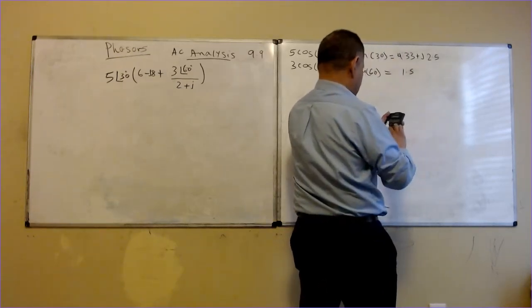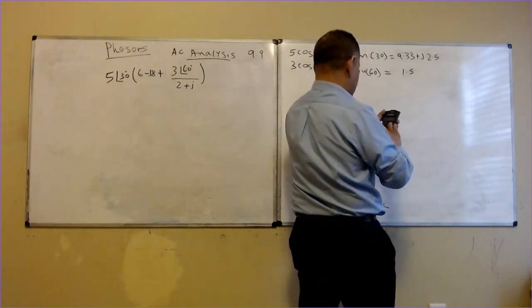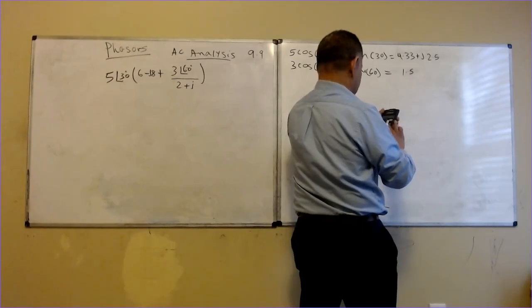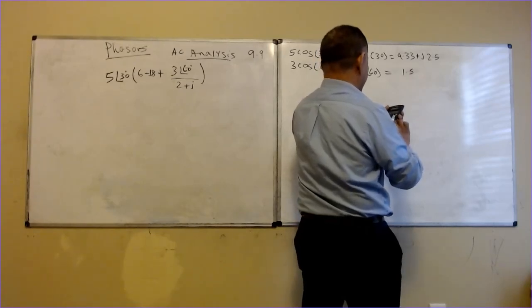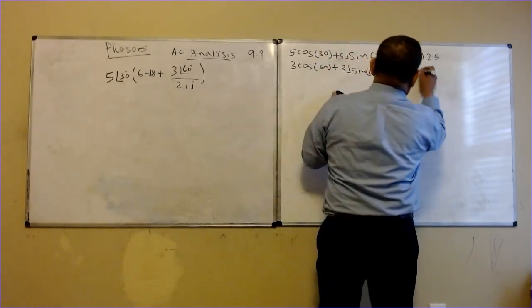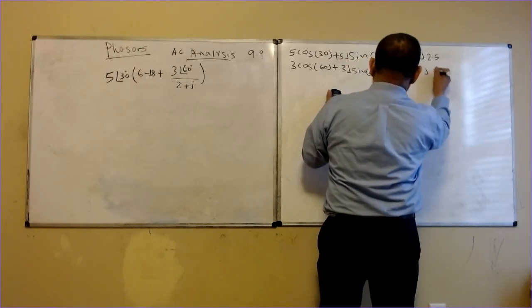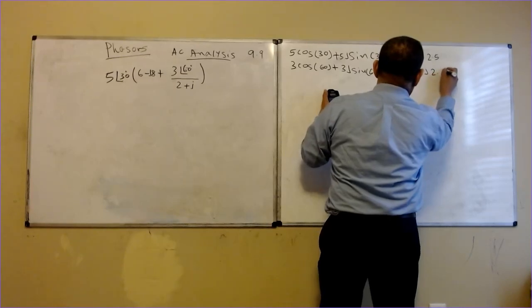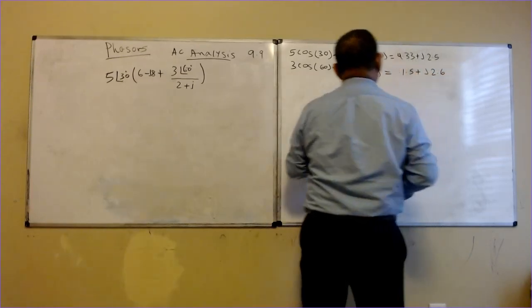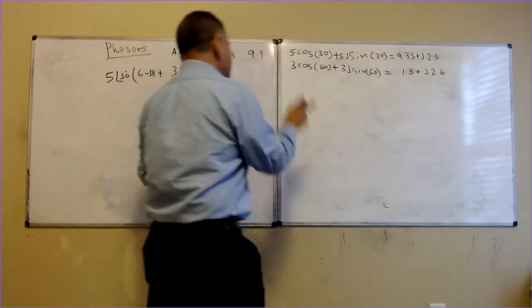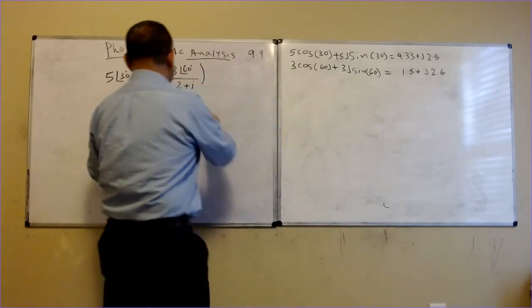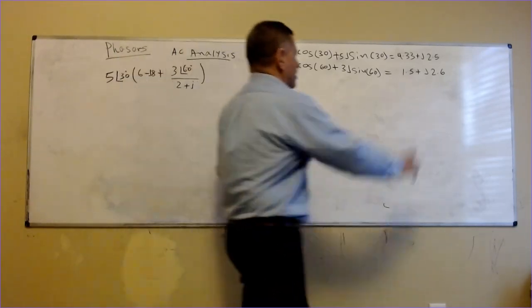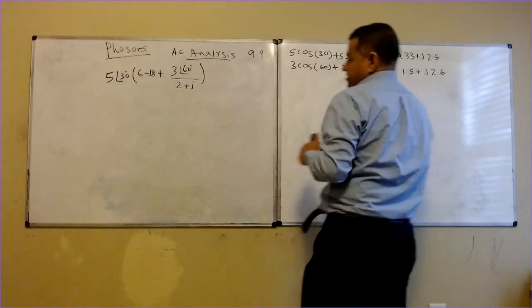And I do 3 sine of 60, which I already had the number, but I will do it again. It's plus j 2.6, right? Now I have those, so I have this in rectangular form.